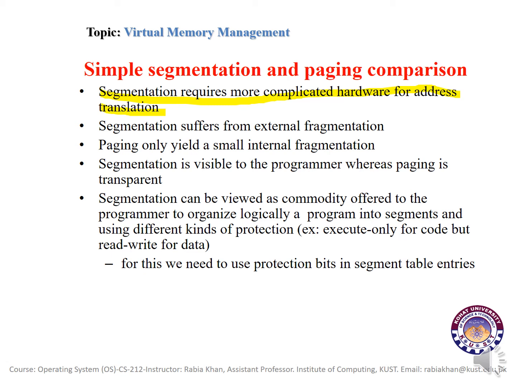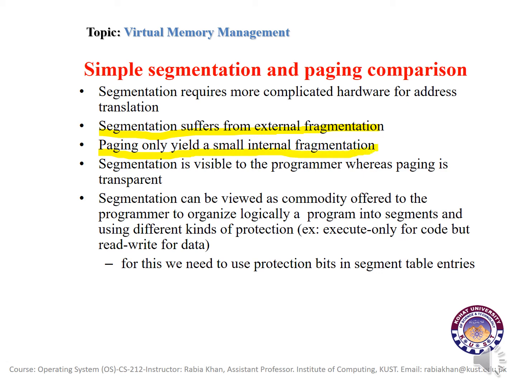Paging is thus not visible to the programmer, but segmentation is. As we have already said, the user makes segments himself. Another difference between the two is that segmentation has external fragmentation, as we discussed while we were discussing segmentation, while pages generate only a small amount of internal fragmentation.